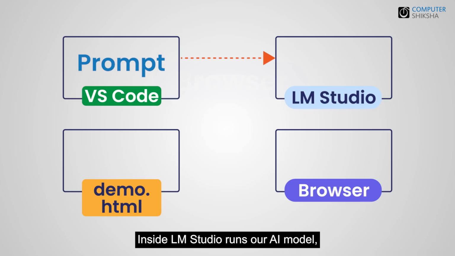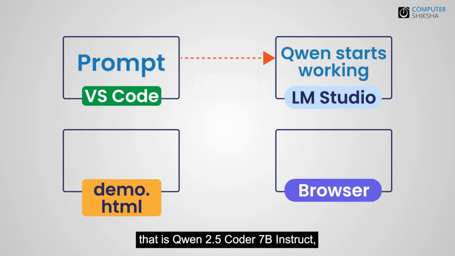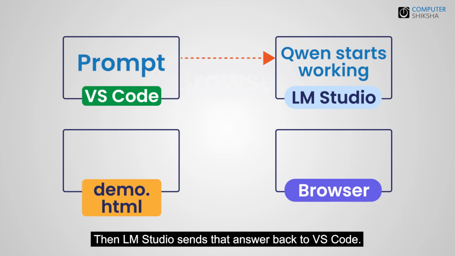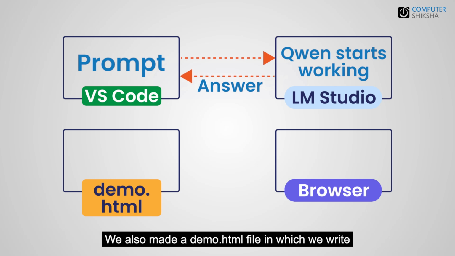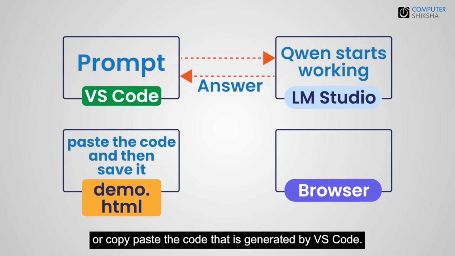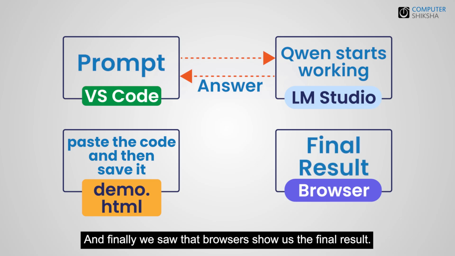Inside LM Studio runs our AI model, that is Qwen 2.5 Coder 7B Instruct, which works and helps in creating answers. Then LM Studio sends that answer back to VS Code. We also made a demo.html file in which we write or copy paste the code that is generated by VS Code. And finally we saw that browsers show us the final result.